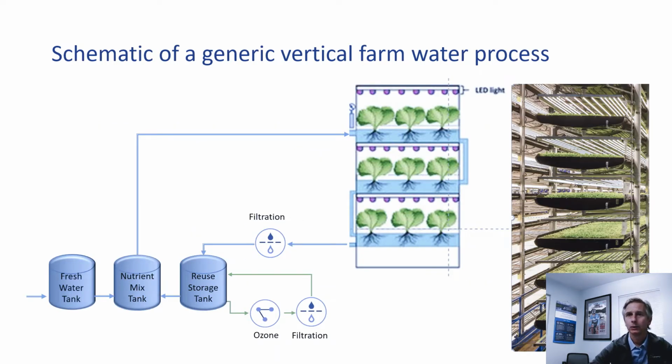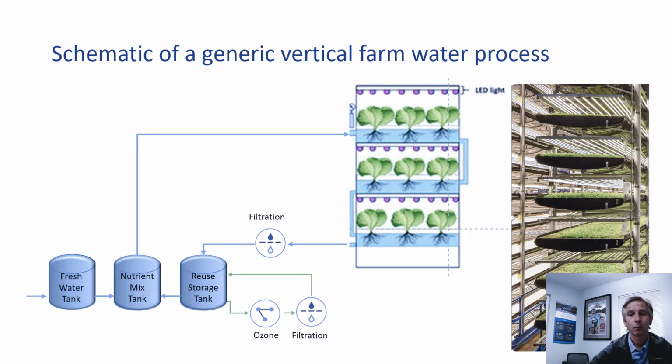So now let's touch on the water cycle in some of these vertical farms. Here is an oversimplified schematic of how water enters the farm and is used in the irrigation cycle.